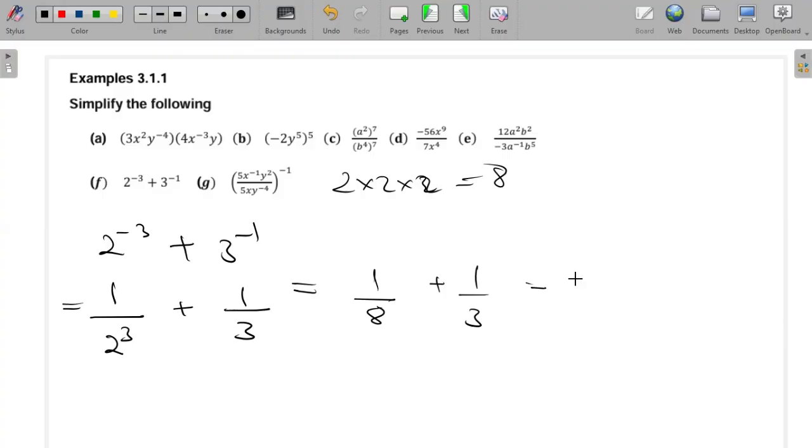Then you can make this into a single fraction. That is by finding the lowest common denominator. So the lowest common denominator of 8 and 3 is 24. So you have 24 here. So 8 divided into 24, that gives us 3. Then 3 divided into 24, that gives us what?